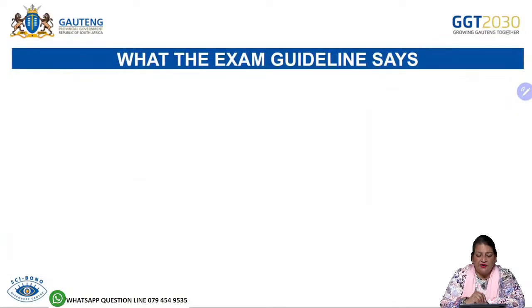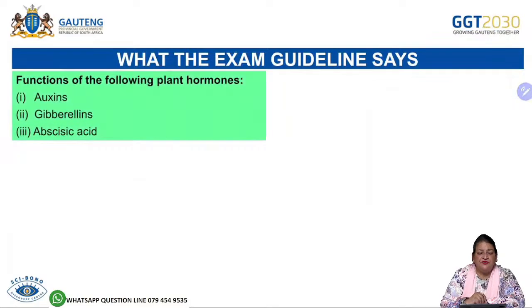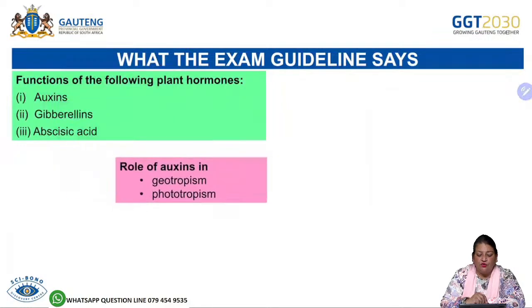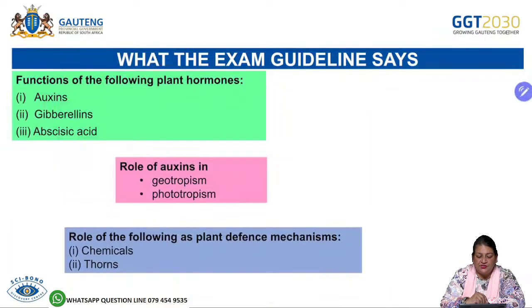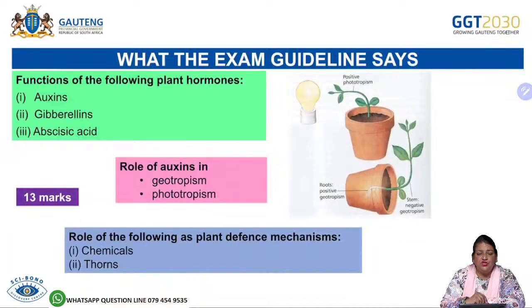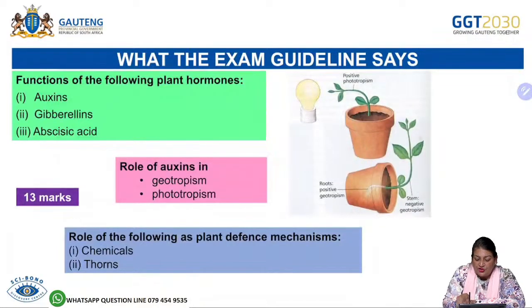Now, what do the exam guidelines say? First of all, you need to know the functions of auxins, gibberellins, and abscisic acid, right? The role of auxins in geotropism and phototropism, and the role of thorns and chemicals as a defense mechanism. And then you need to know the experiments relating to phototropism and geotropism, where roots are positively geotropic and shoots are positively phototropic.